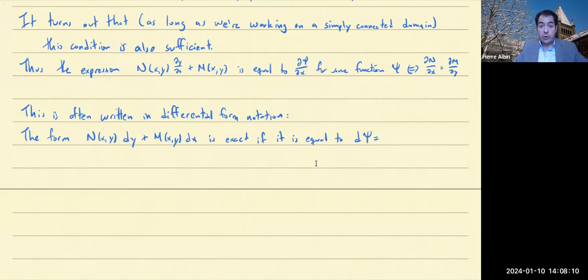This is sometimes called the total derivative of psi, or the exterior derivative of psi. And this is the differential form that has coefficients dpsi/dy times dy, that's the coefficient of dy, plus the coefficient of dx is going to be dpsi/dx.